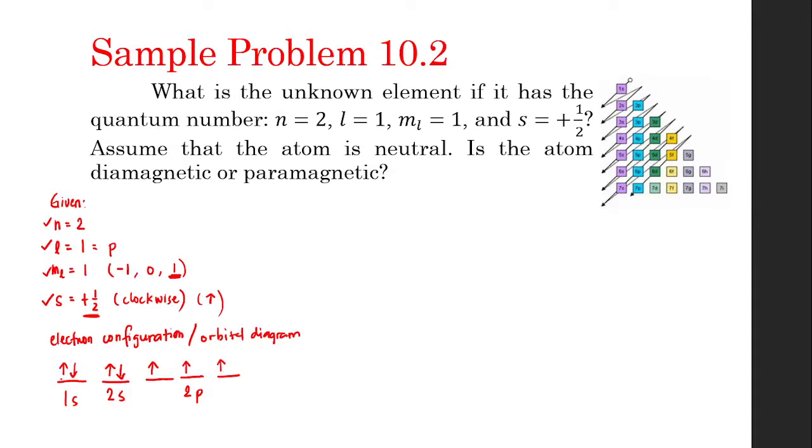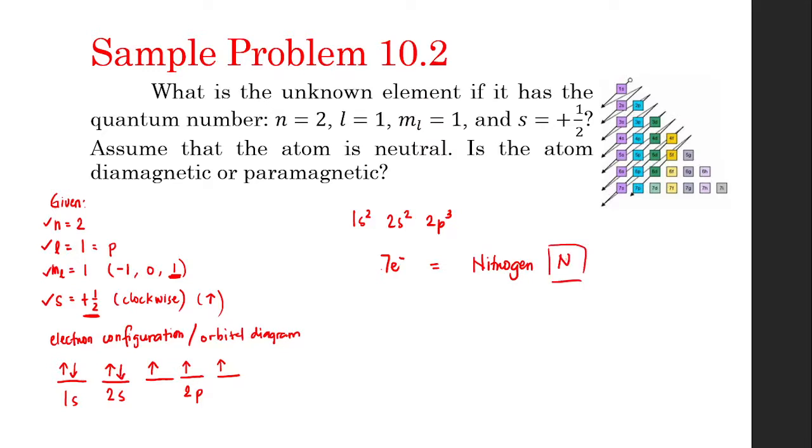So this is our orbital diagram, and our electron configuration is 1s2, 2s2, 2p3, right? And this means we have an atom with 7 electrons, and this atom is actually nitrogen. So this element is nitrogen.